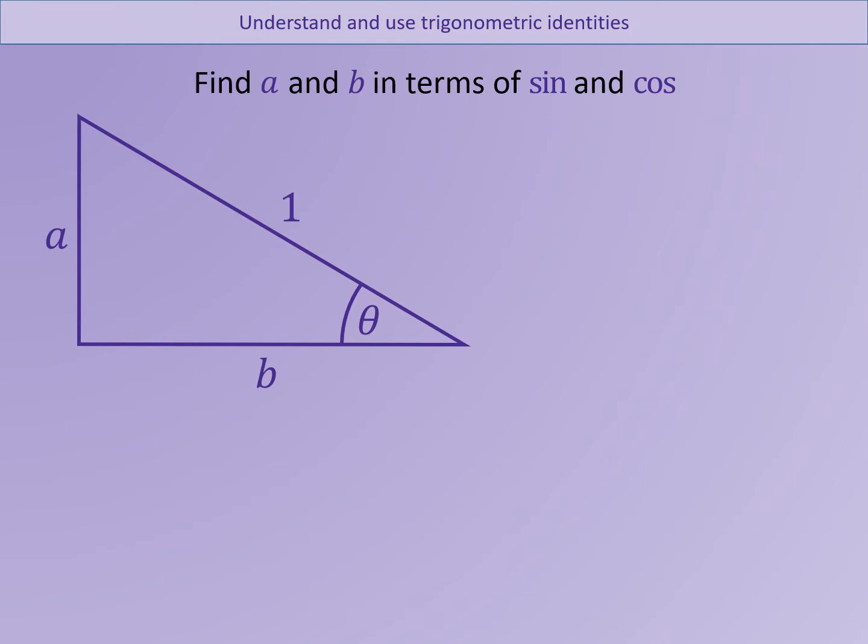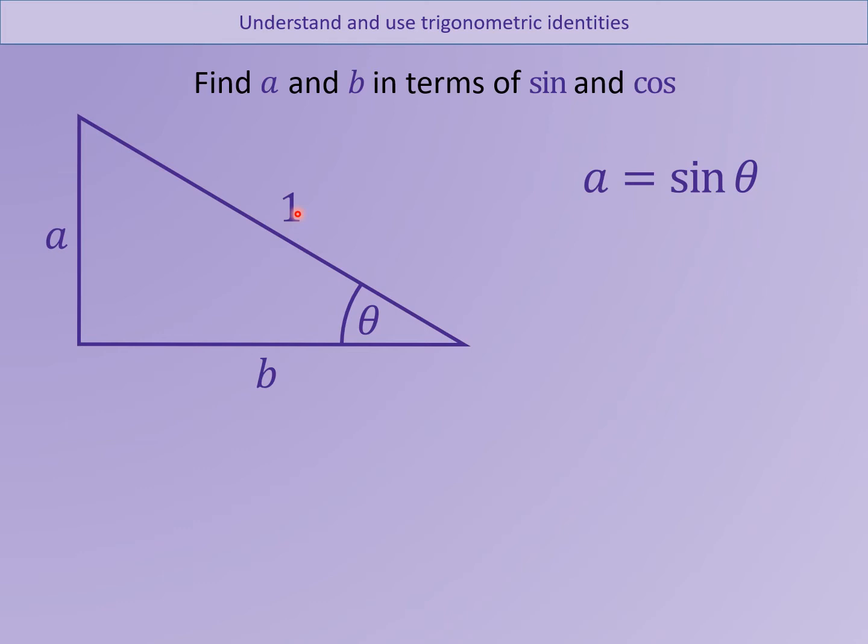So I have here a right angle triangle that I've labelled the sides A and B are my two shorter sides. I've got an angle theta and my hypotenuse is 1. So there are a few things we can work out from this triangle. The first thing we can work out is the value of sine theta. So sine theta would be opposite, which is this side here, over hypotenuse, which is this side here.